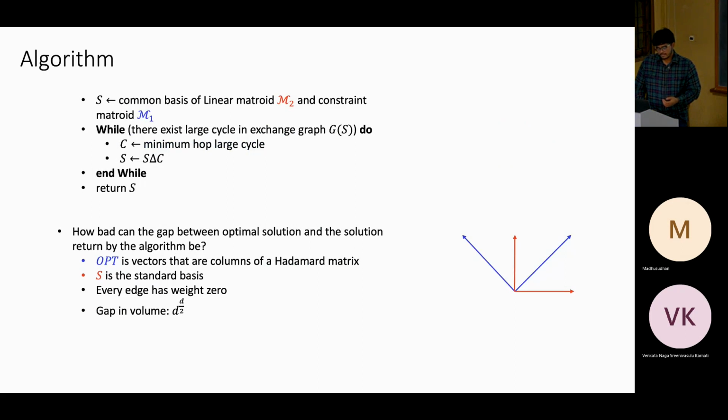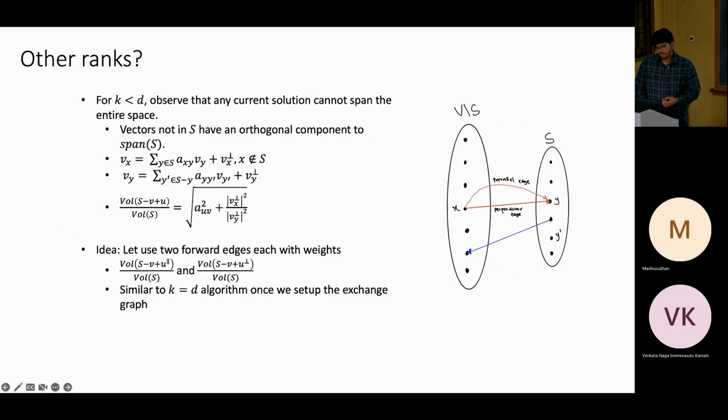Now, what happens if we really crucially use the fact that the size of S was exactly d and all of them are d-dimensional? When you have a new vector that you're trying to exchange with, it need not be in the span of S. It can have some orthogonal component.